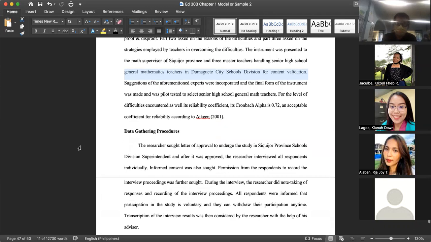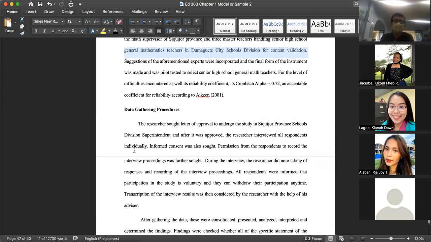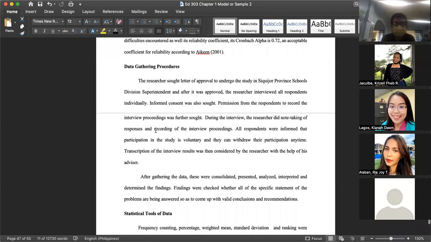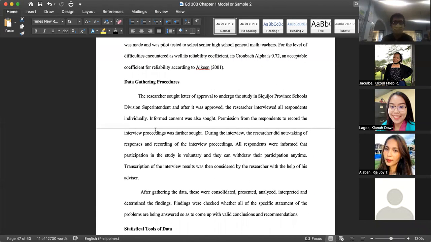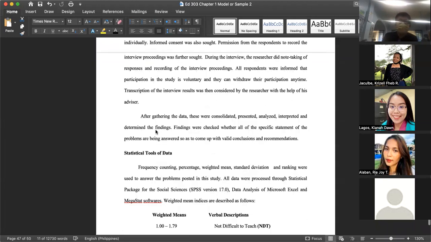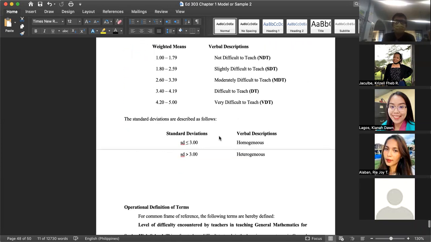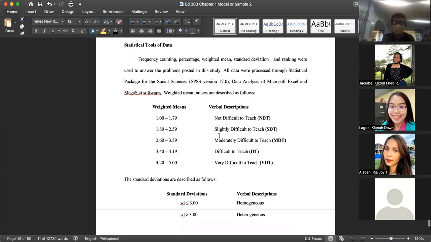Okay, so data gathering procedures, all of this will be followed also and contextualized based on your own research proposal. And then statistical treatment. All of the statistical treatment should be copied because all of you will be following the same format in the chapter 1 model.